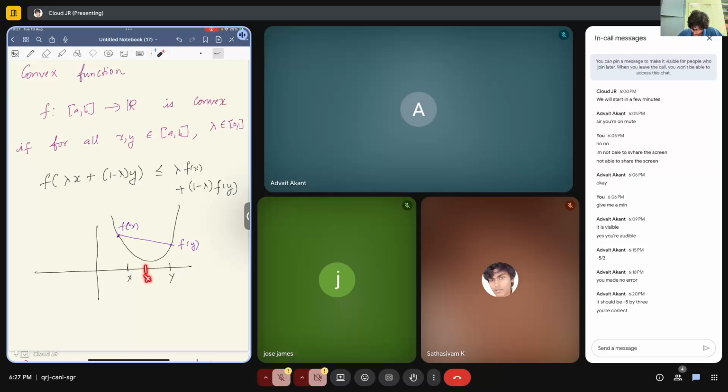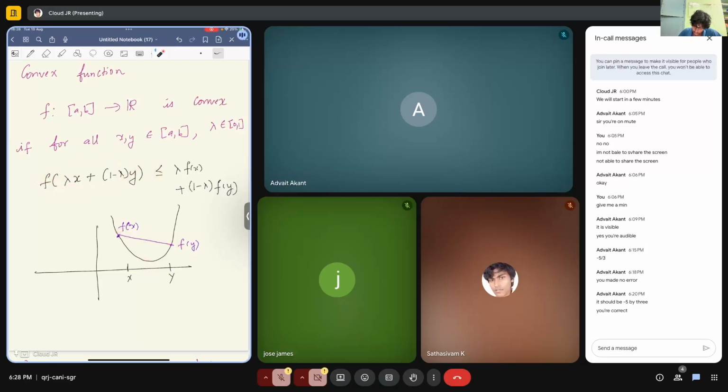Whatever the lambda you have, you take the point here and apply f, and that has to be less than or equal to the value that you get on this line.